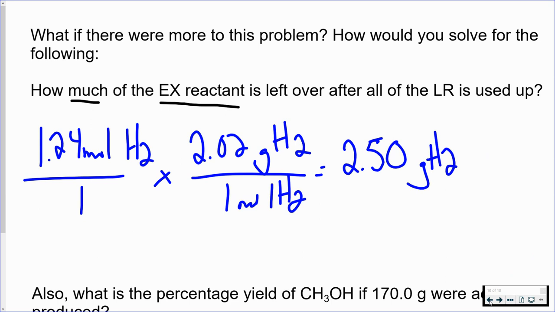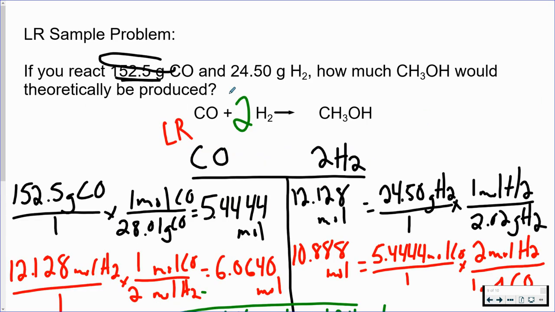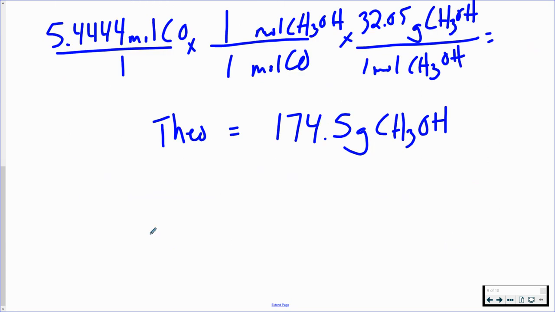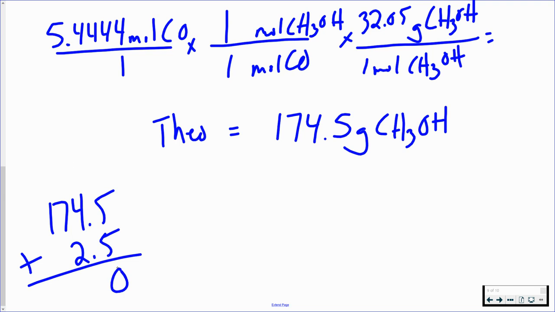Now, with that, there's a nifty little trick to make sure that you have the right numbers. Due to the law of conservation of mass, the mass that we start out with is equal to the mass that we end with. So if you take 174.5 plus the 2.5 that we got left over, you get 177.0 grams.